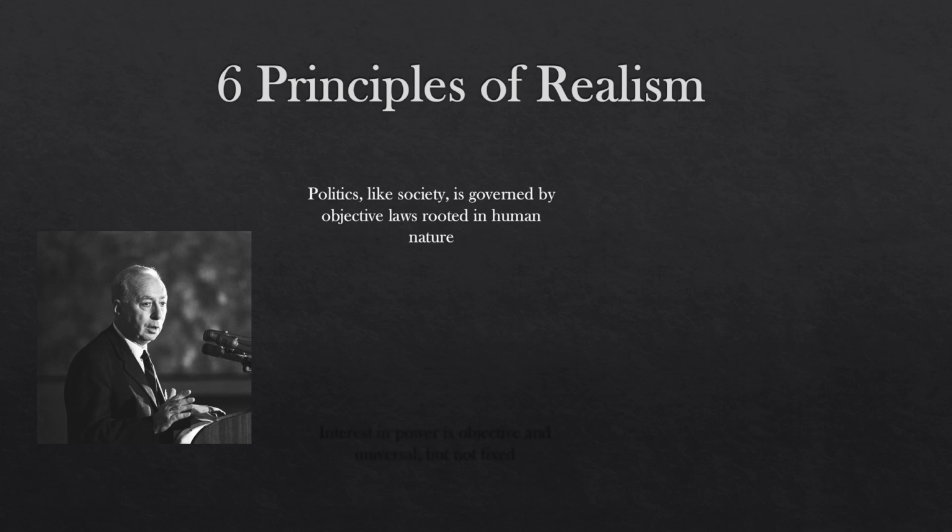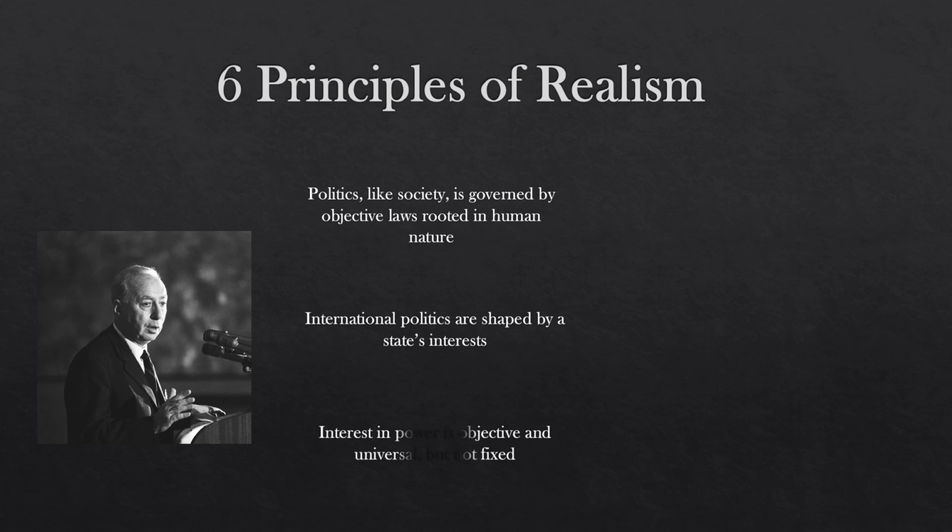So, politics, like society, is governed by objective laws rooted in human nature, forming the basis for a rational theory of international relations. International politics are shaped by a state's interests, especially in terms of power. Interest in power is objective and universal, but not fixed. Realism is aware of the moral significance of political action.